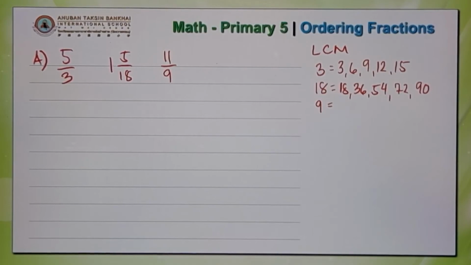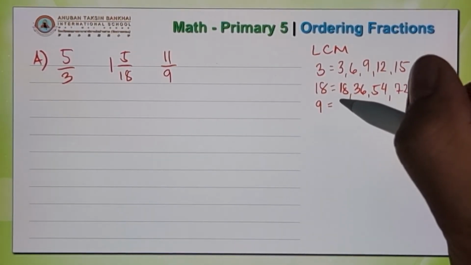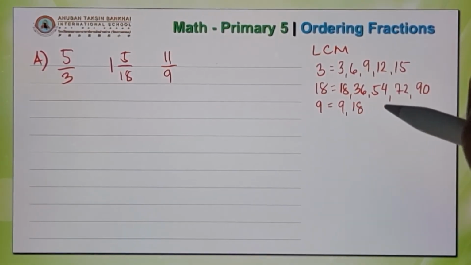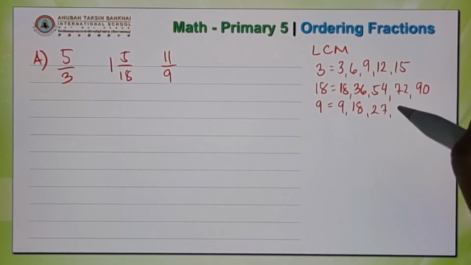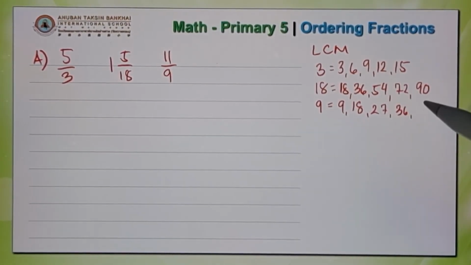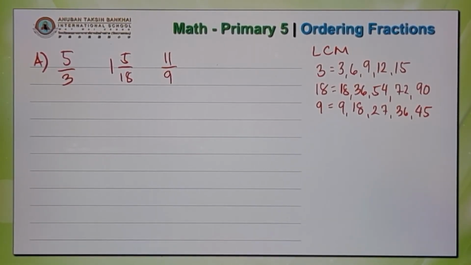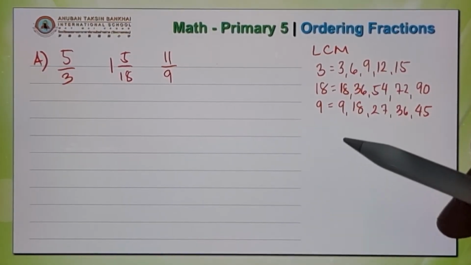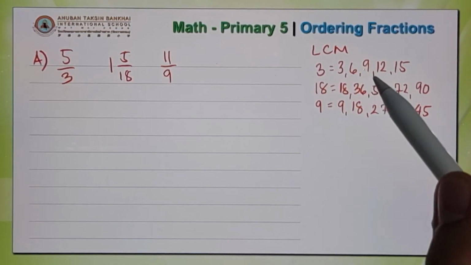Okay, next, let's have 9, 18, 27, 36, and 45. Okay, so let's try to check if we have a common multiple. So you could see that we don't have common multiples.